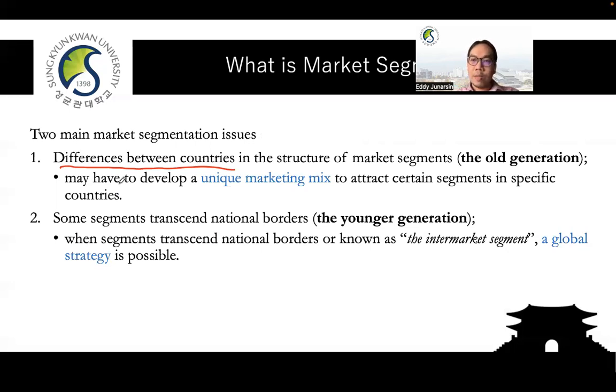For example, in a developed country, segmentation would more likely be based on demographics, the different ethnicities and other demographic issues.